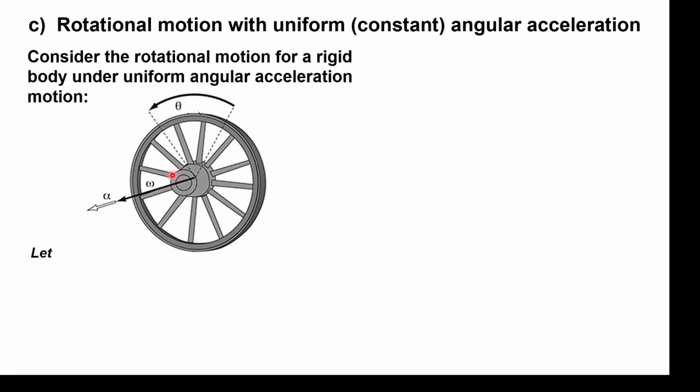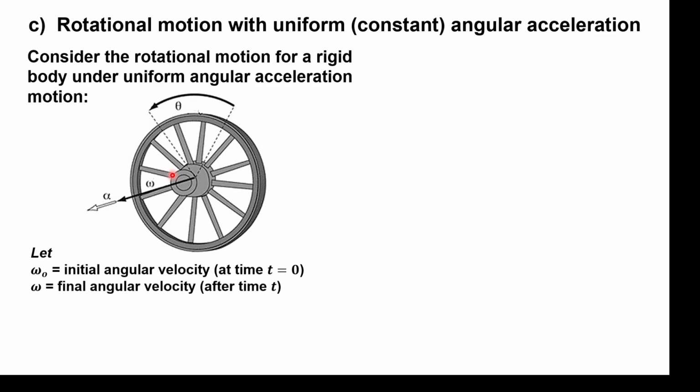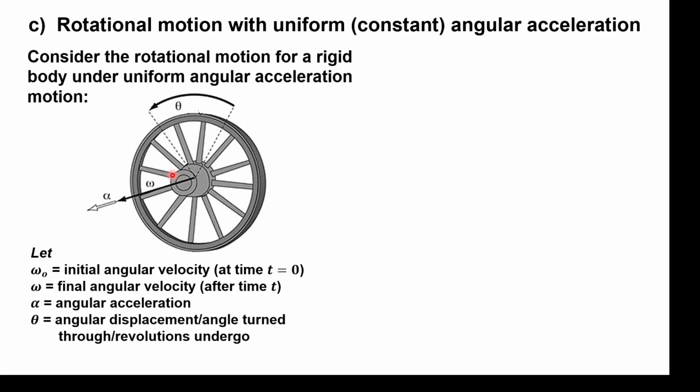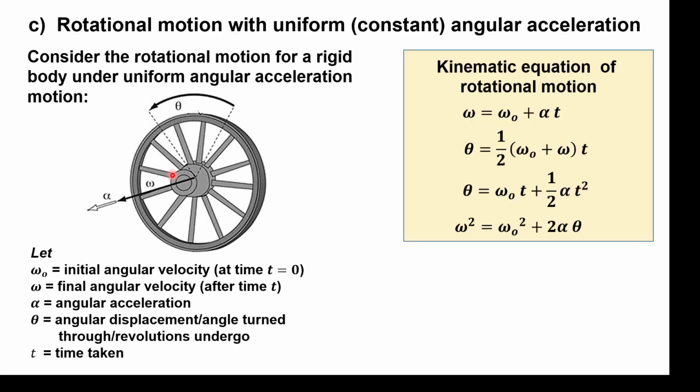Let omega naught be the initial angular velocity at time 0, omega be the final angular velocity at time t, alpha be the angular acceleration, theta be the angular displacement, and t be the time taken. So these are the 4 equations of rotational motion: 1, 2, 3, and 4.